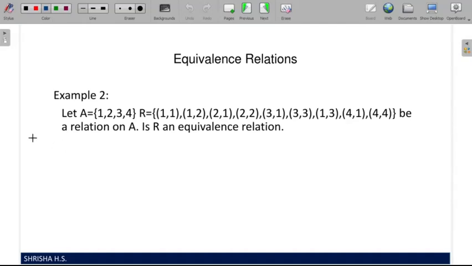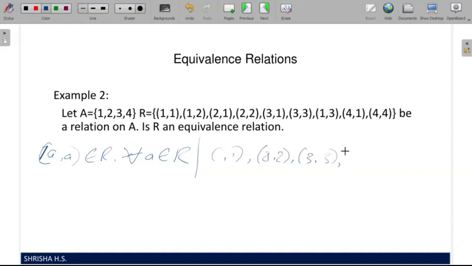So the relation is given. Whether it is reflexive: for all a, a comma a belongs to R. So 1 comma 1, 2 comma 2, 3 comma 3, 4 comma 4, we have these.